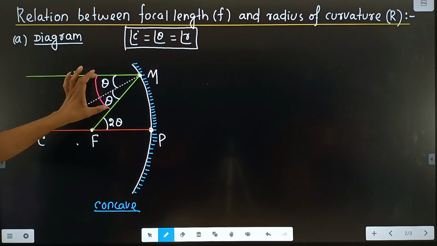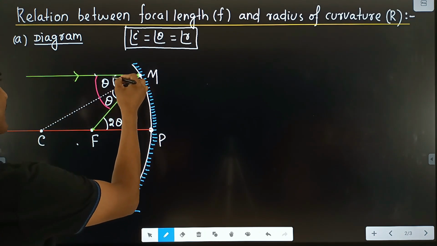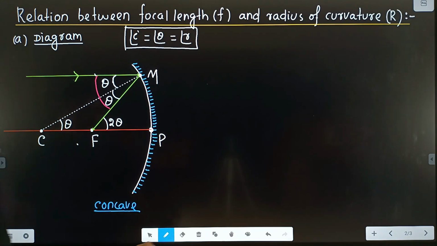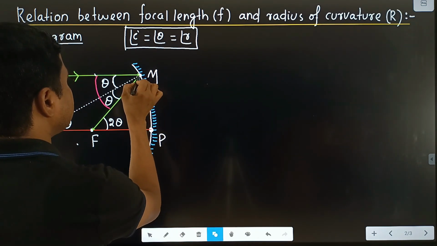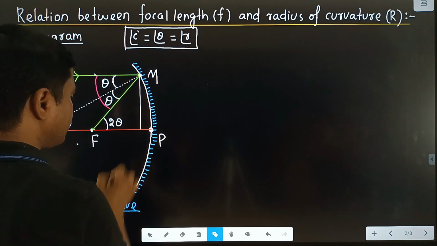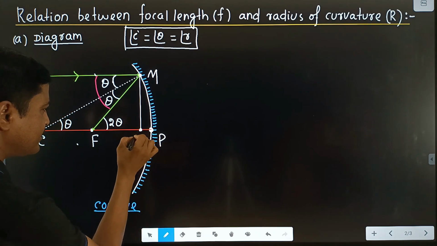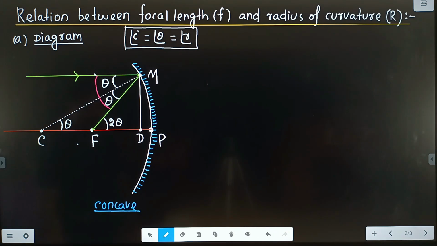Here the incident ray is parallel to the principal axis, so if this angle is theta, then this angle is also theta. Clear? Now we draw a perpendicular from point M, the point of incidence, to the principal axis, and the perpendicular meets the principal axis at this point, which we suppose is capital D. Clear? And this is the diagram for the concave mirror.